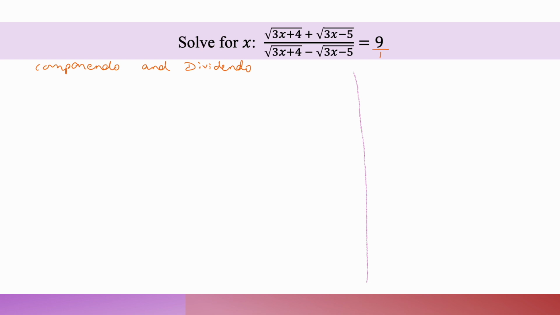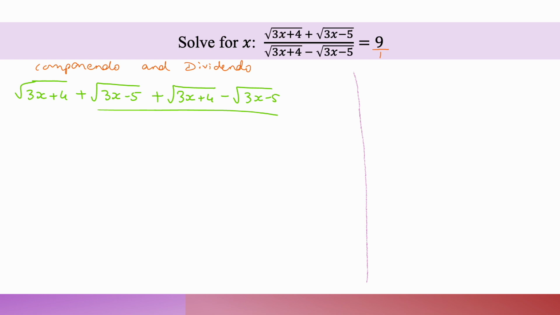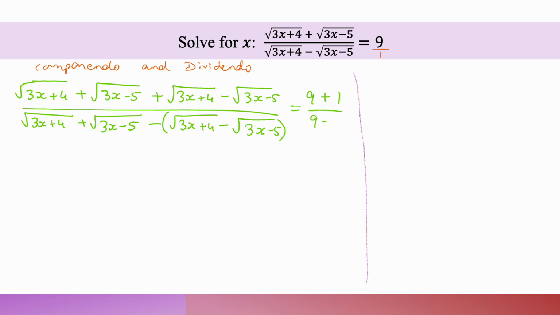what we get is (square root of 3x plus 4 plus square root of 3x minus 5 plus square root of 3x plus 4 minus square root of 3x minus 5) upon (square root of 3x plus 4 plus square root of 3x minus 5 minus square root of 3x plus 4 minus square root of 3x minus 5) is equal to (9 plus 1) upon (9 minus 1).